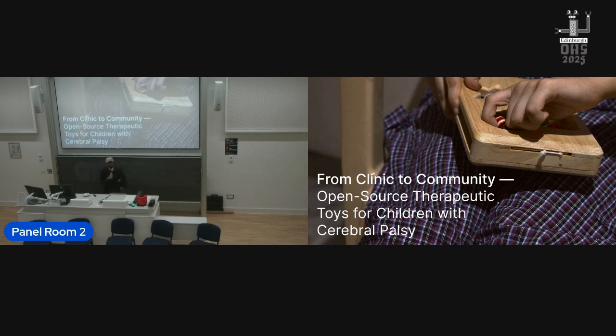My name is Rohit. I'm a designer, engineer. I'm originally from India, but I live in Spain now, where I have my own practice of building things, more or less. So what brings me here is to present this project, around how you can take small things from clinics and put them through design methods and fast, rapid prototyping and go to community.